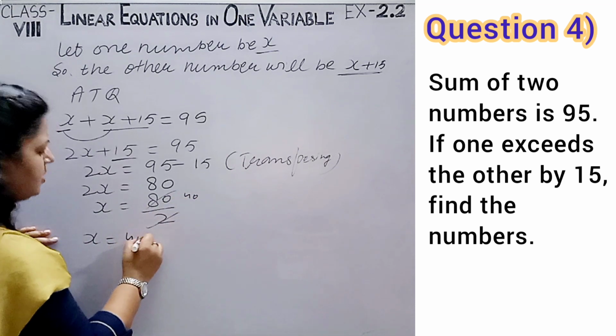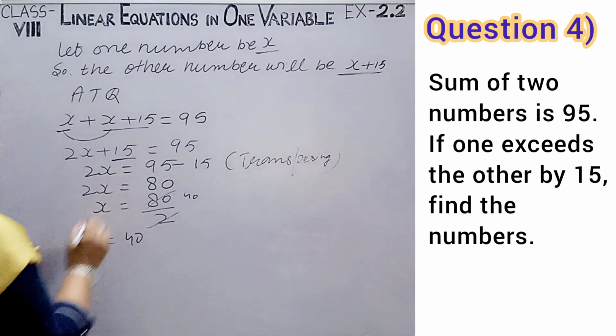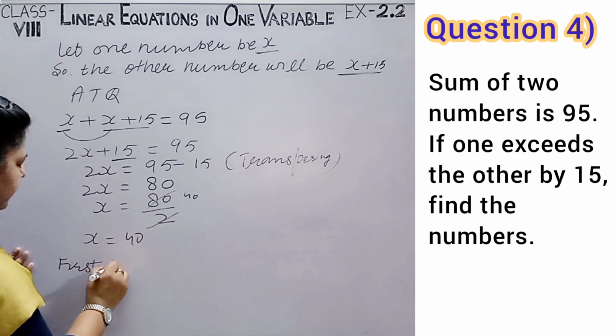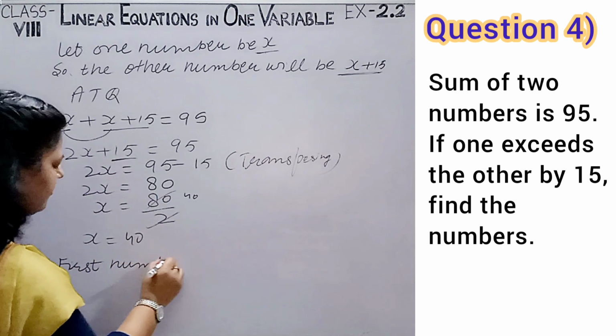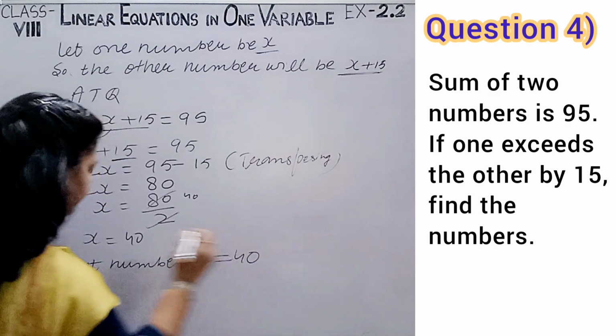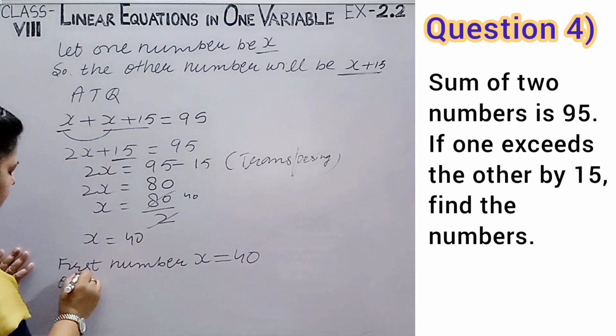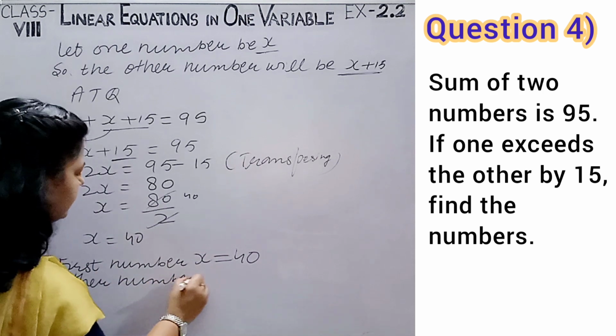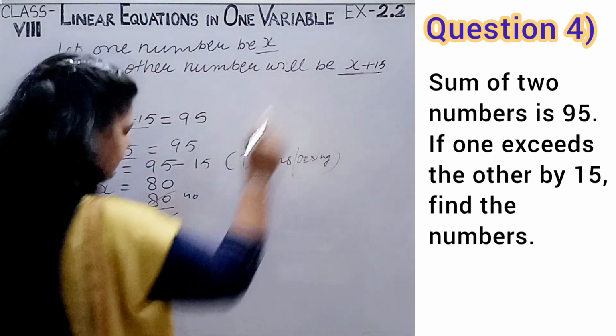So our first number is x. It means x equal to 40. The first number is x, it means 40. And the other number was x plus 15.